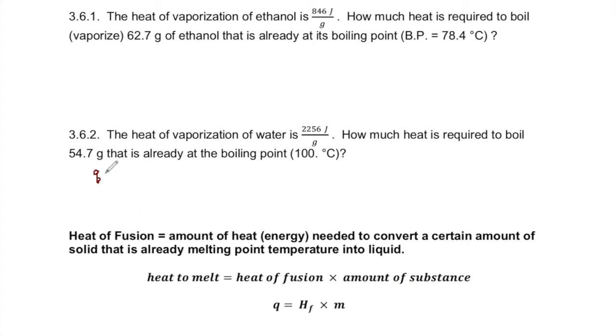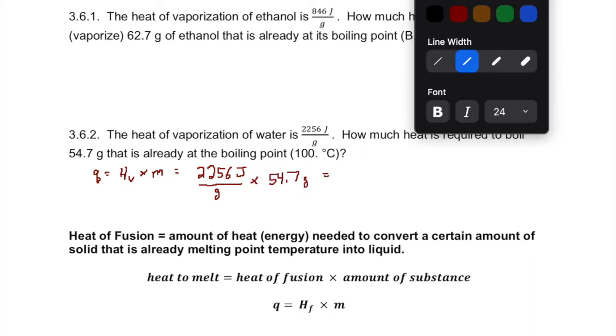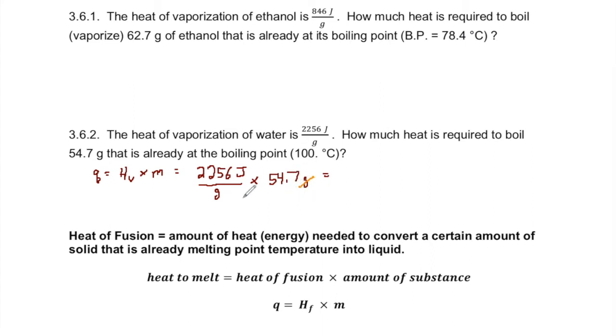Let's try another problem with boiling water. Water is very difficult to boil, much more so than ethanol. Every gram of water needs 2,256 joules versus ethanol, which only needs 846. We multiply this by the mass, and the grams cancel.